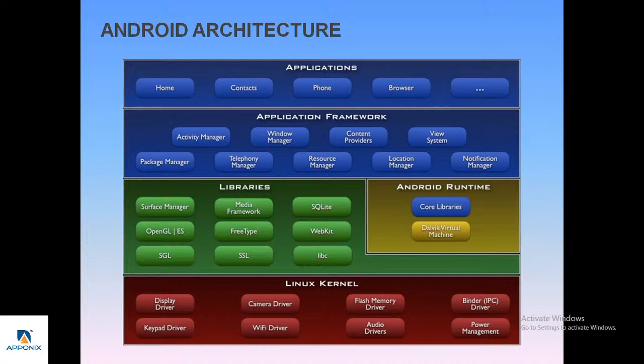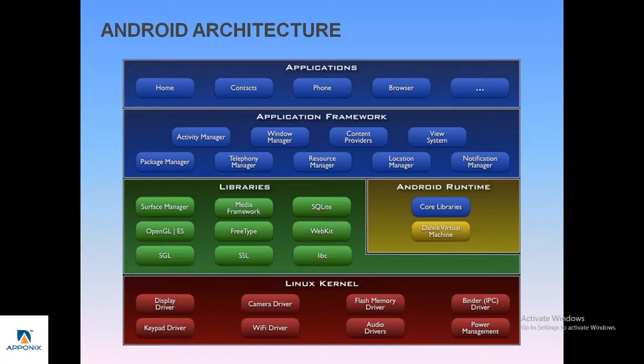For example, Mozilla Firefox or Explorer can be used. So multiple web browsers can be used on our device. For that, we have a library, that is WebKit, and here we can see multiple libraries. Based on our requirement, we can use these libraries.